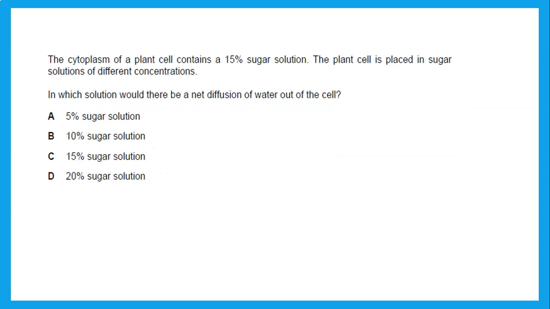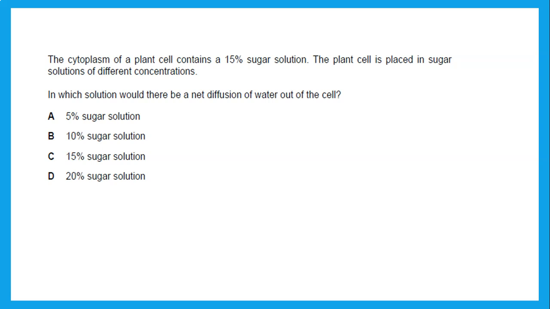A cytoplasm of a plant cell contains 15% sugar solution. The plant cell is placed in sugar solutions of different concentrations. In which solution would there be a net diffusion of water out of the cell? So what do we have? We said the plant has 15% sugar solution. Now I want the water to go out.